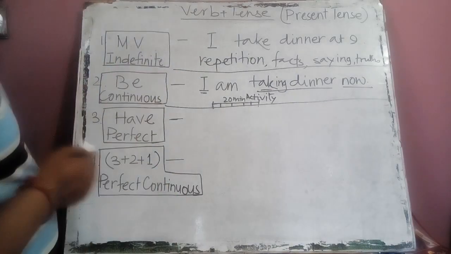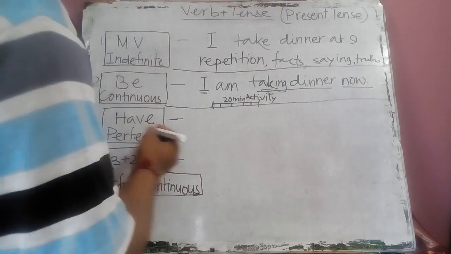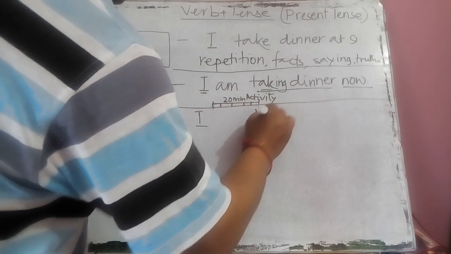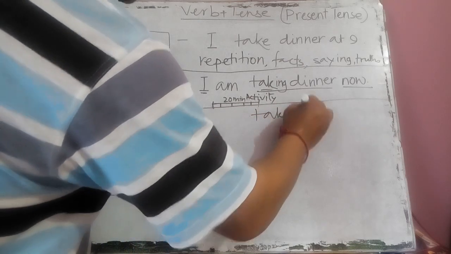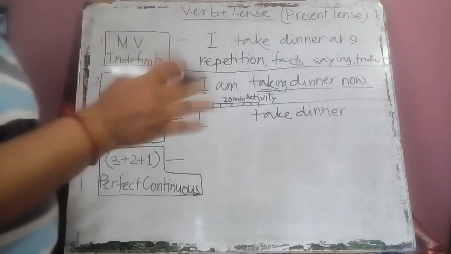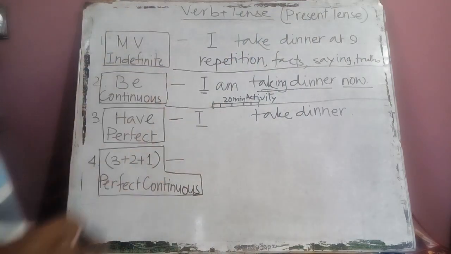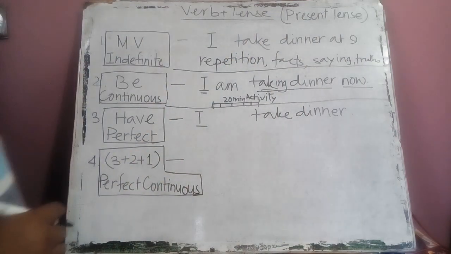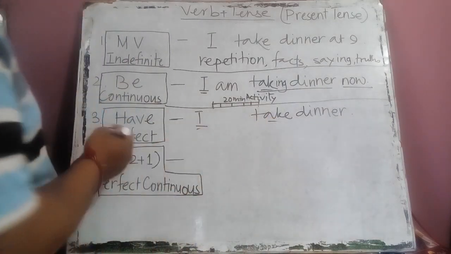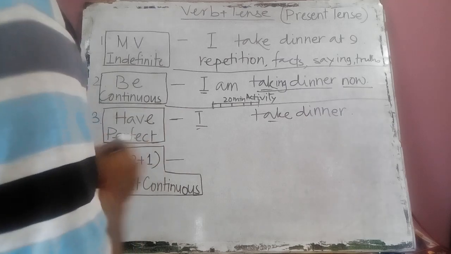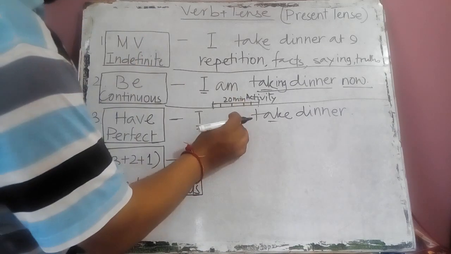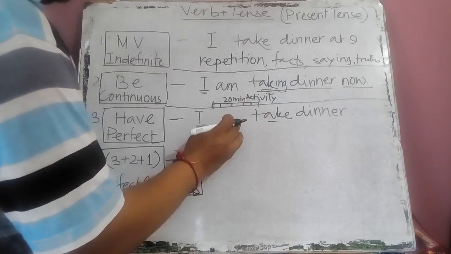Now moving to third, have. That is perfect. Here too, we write it the same way. The sentence remains the same: I take dinner. The plain sentence, that is the MV sentence, we take down here without time. This is the worker, this is the work, and the change, that is the first verb, always comes between the work and the worker.